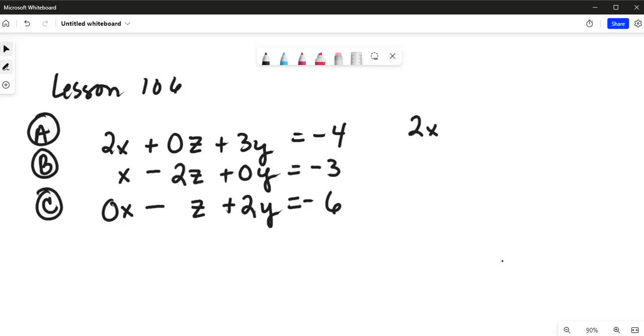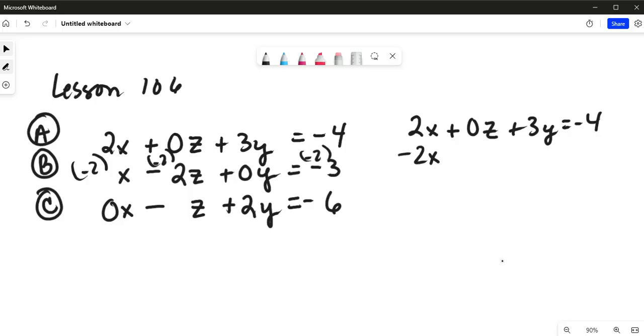And we're going to eliminate the x variable by multiplying the second equation by -2. So that will give us 2x plus 3y equals -4. And then -2 times each of the terms of the second equation gives us -2x plus 4z equals 6.